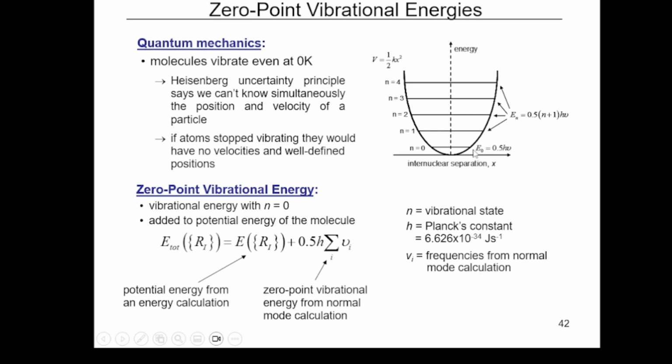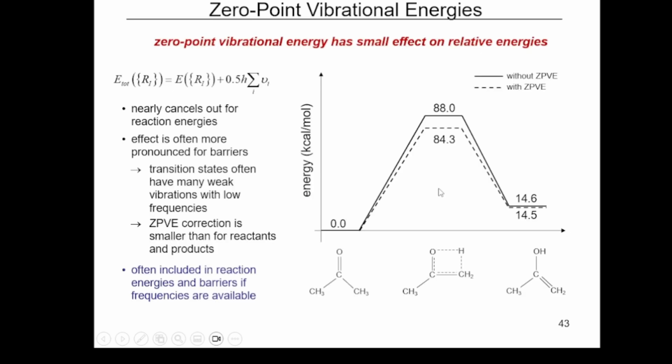So the zero-point energy here is 0.5 h nu, but in the general case, it is (n plus 0.5) h nu, and so on. Now, the zero-point vibrational energy has a lot to do with the reaction profile.